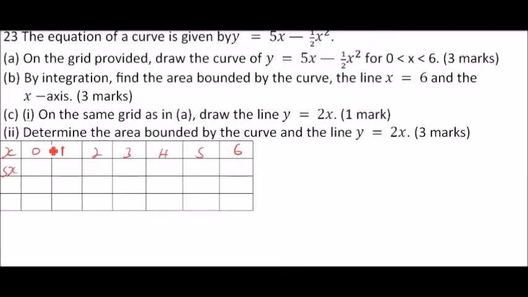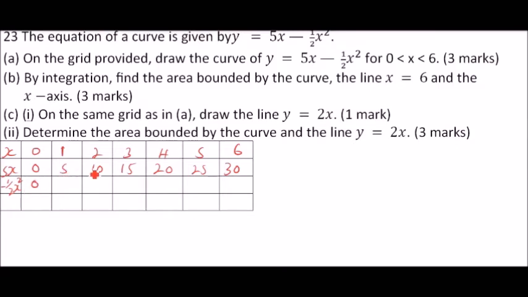Then here I'll use 5x, so I'll multiply 5 times x, that will be 0. 5 times 1 is 5, 5 times 2 is 10, 15, 20, 25, and we have 30. And then here I'll put minus a half x squared. So I'll square the x and multiply by minus a half, so that will give me 0.